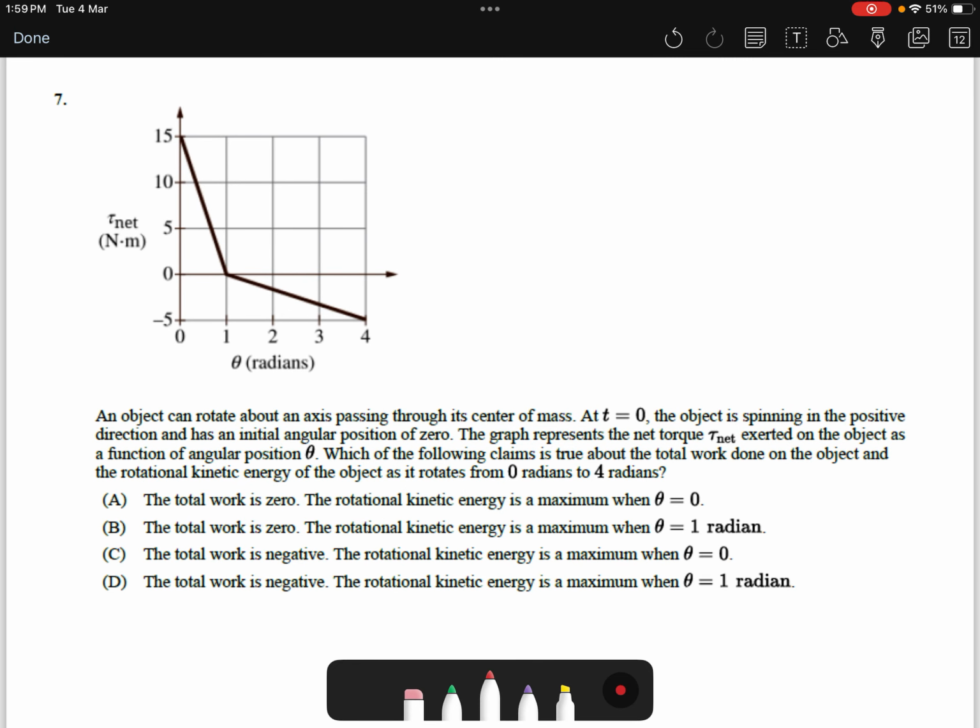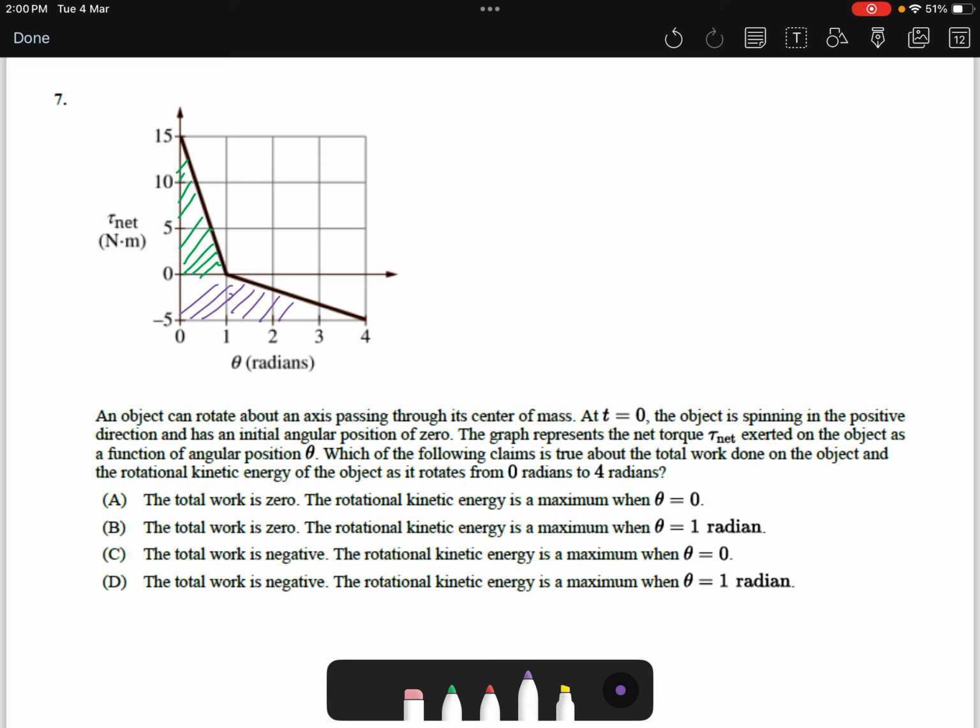Also, please pause and read. Okay. Now, the total work. Again, the work equals the area under the graph. For the first stage, the work is the area under the graph. And for the second one, this is the work. No, this is not the work.